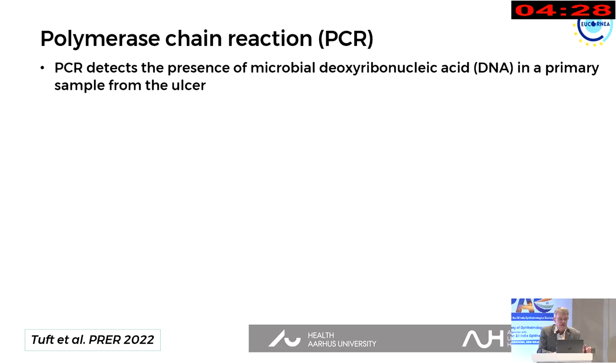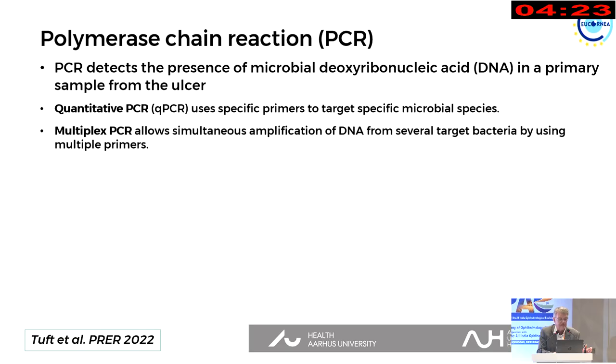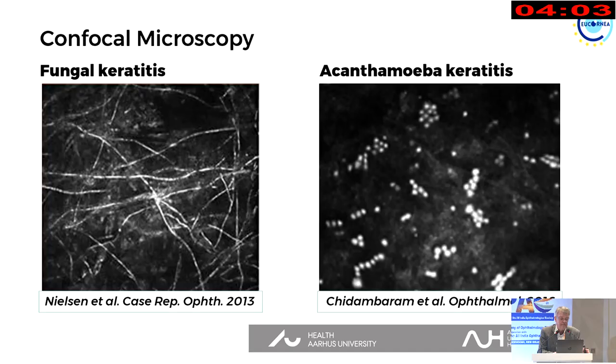PCR is used routinely, and you have various types of PCR, quantitative and multiplex, and we use it widely. I think it's the same all over the world for acanthamoeba, because we have never had any luck with our labs growing acanthamoeba. So we use PCR for the detection, and then for the various herpesviridae. One thing more, we use confocal microscopes in many clinics.